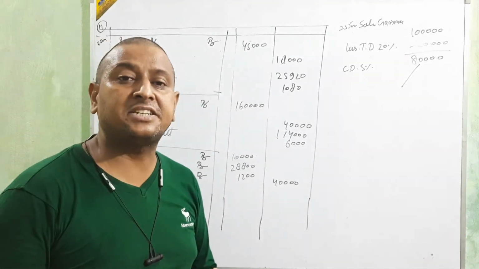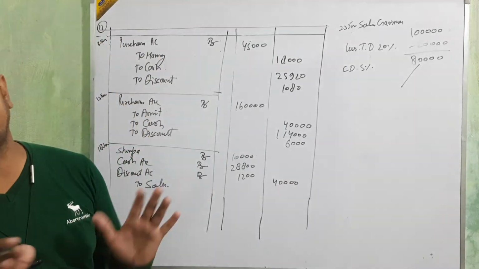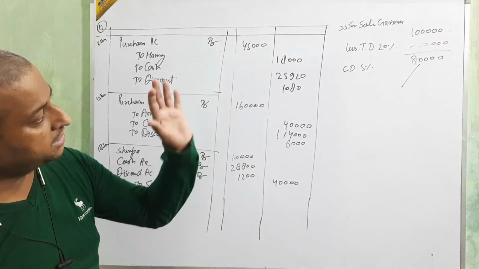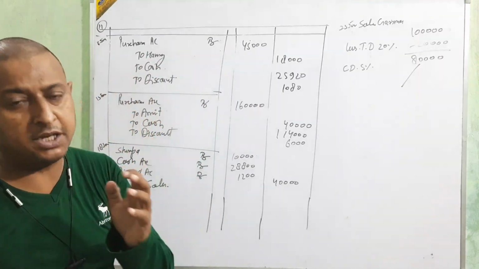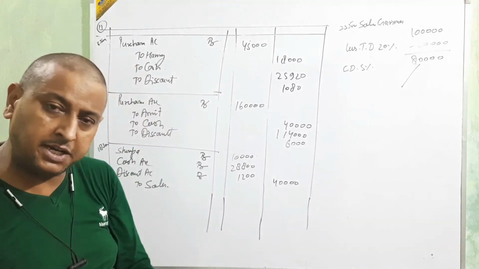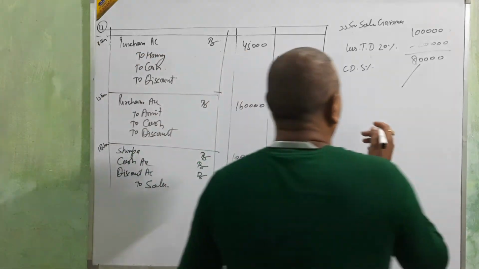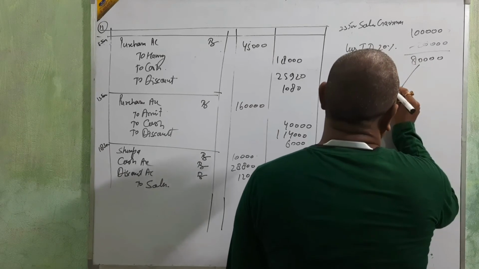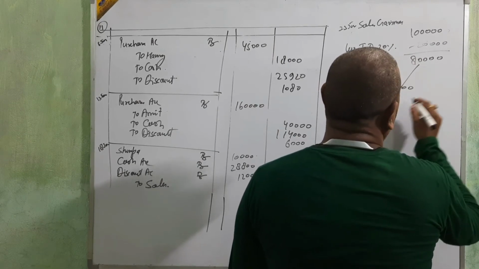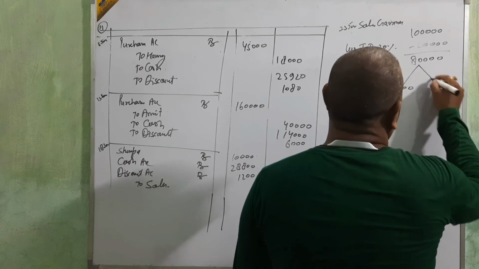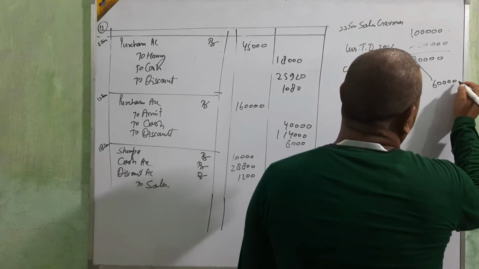And that 60,000 after 10 February, we are not taking for the discount because of the term. If we pay the amount before 15 days, then only 1/4, 1/4 means 20,000. Okay, and remaining amount 60,000 on credit.